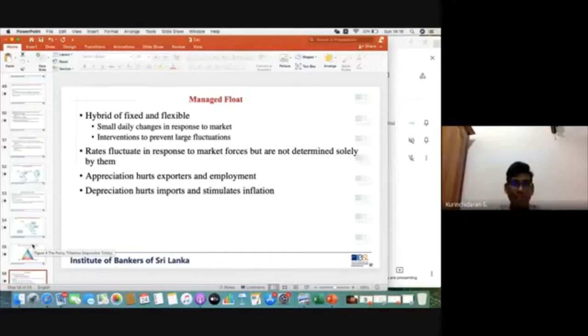But if there's a large fluctuation, there will be market intervention. Rates fluctuate in response to market forces, but are not determined solely by them. So appreciation hurts exports and employment, and depreciation hurts imports and stimulates inflation. This we have discussed.